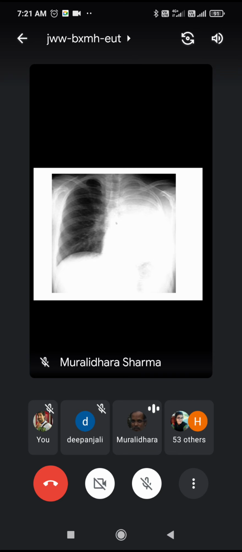But one obvious feature which you see is a gross shift of the mediastinum. Instead of the trachea, it's the mediastinum which is shifted to the left side, and there is absence of the air shadows, a typical absence of the air shadows. And within that hazy area, if you keenly observe, you can see the bronchogram, the tube-like structures here.